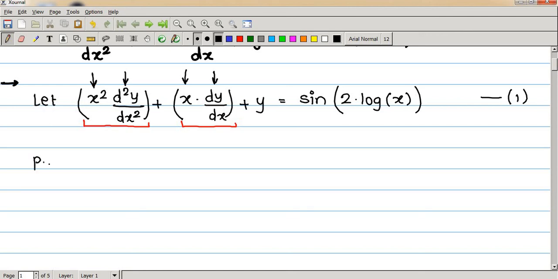To solve any variable coefficient form, we use a substitution so that the variable coefficient form of linear differential equation is converted into constant coefficient form, and we apply the method of solving with respect to the possible function. So we put the variable x as e raised to z.